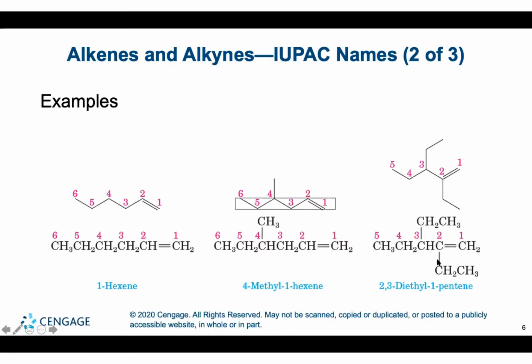What about the third one? Where is the longest chain, guys? Here is the longest chain. You might tell me, yes, the longest chain might also be this one or this one. For sure this is not correct, right? Because it has 4 carbons in it.